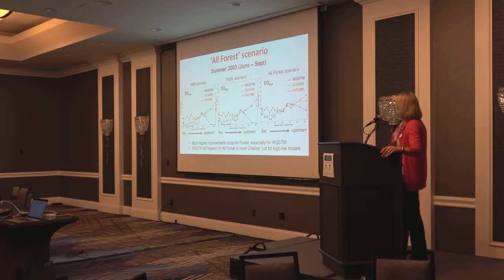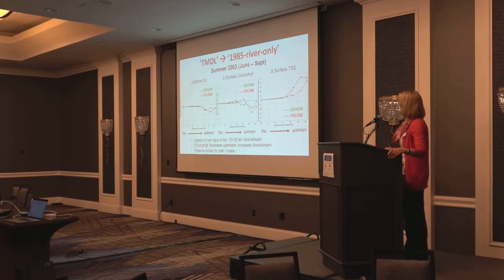But we really see a dramatic improvement up in the upper Chester compared to the TMDL when you go from the TMDL to the all forest. So much higher improvements under the all forest, especially for the regulatory model. And the regulatory model is still hypoxic under this all forest, whereas the other 2 models are not. So we are seeing differences between the low and high resolution models.